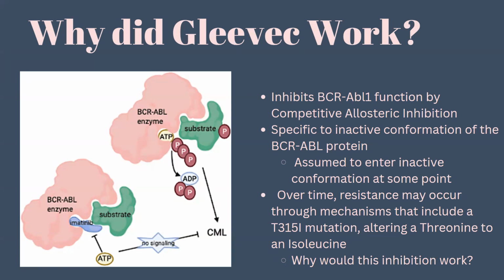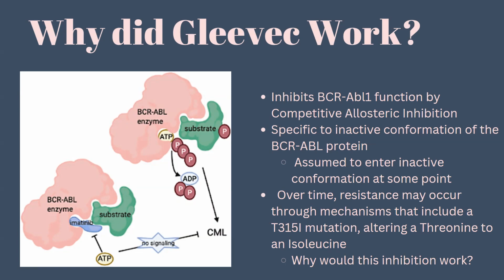So if we think about position 315, you're going from a threonine, which is this amino acid that I drew right here, to an isoleucine. What are you changing here? What's the key change between these two, besides steric strain, doctor? You're losing your hydroxyl group, so you can't form any hydrogen bonds anymore, and it's also a much bigger molecule.